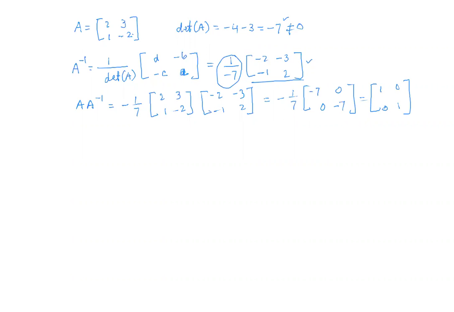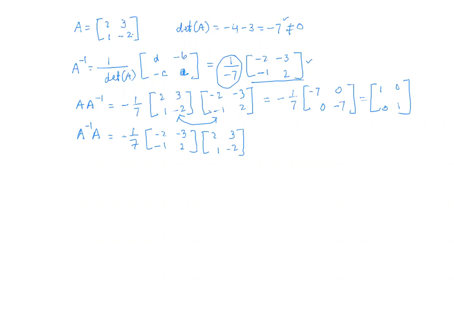And similarly, you could do it the other way. A inverse A is going to be -1 over 7. Only thing is that this matrix is going to be here and that's going to be there. -2, -3, -1, 2, and then 2, 3, 1, -2.